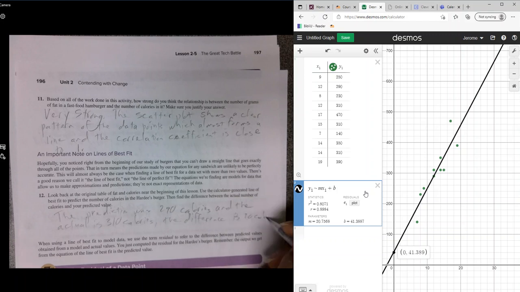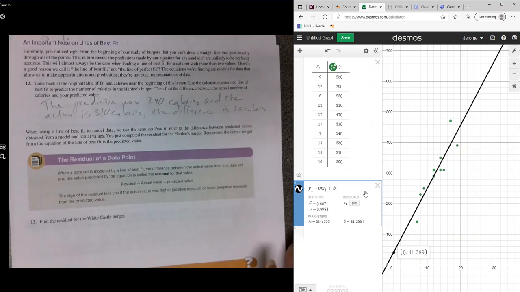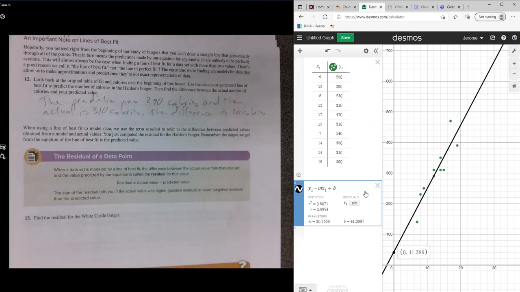Now, it says when using a line of best fit to model data, we use the term residual to refer to the difference between predicted values obtained from a model and actual values. You just computed the residual for the Hardee's burger. Remember, the output we get from the equation of the line of best fit is the predicted value.